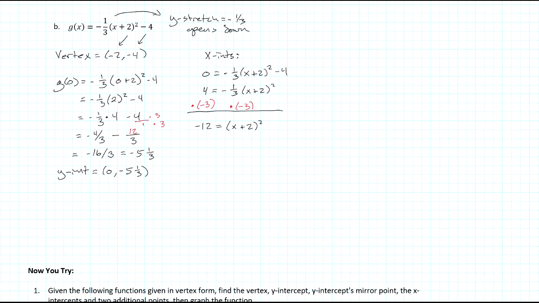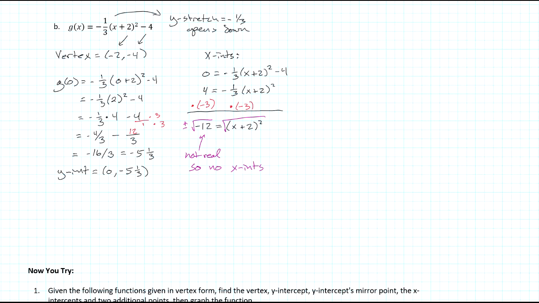If I take the square root of both sides now, don't forget that plus or minus. Then again, this is not real because I can't take the square root of a negative. So no x-intercepts. Cool. All right, well, that saves us a little time.